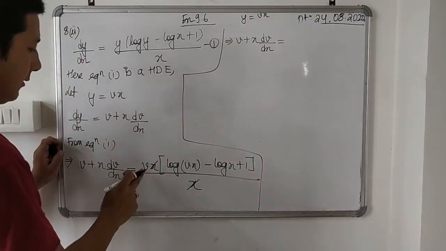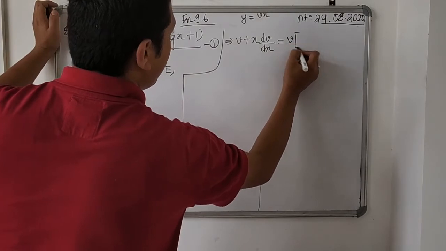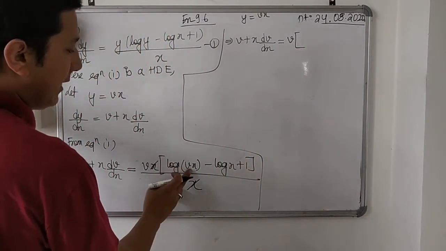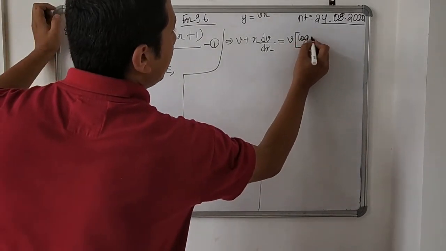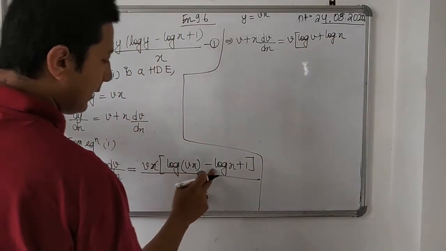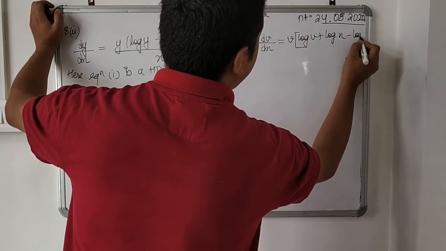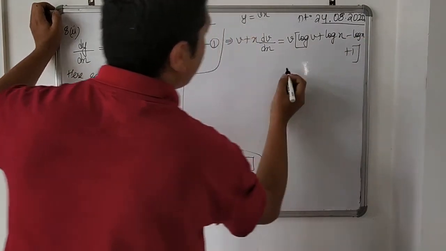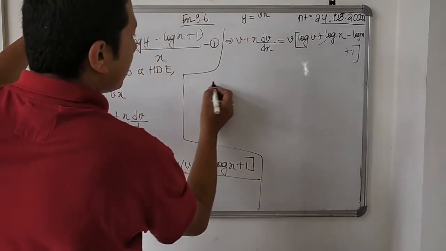Alright, so this is v. Now the denominator has vanished. So log vx, that is log v plus log x. Alright, log v plus log x minus log x plus 1. So out here plus log x minus log x gets cancelled out.